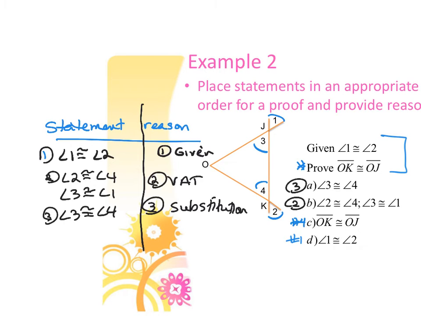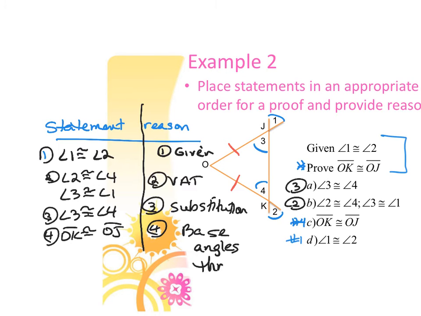And then lastly, because these two angles are congruent, I can use my base angles converse and say that this side is congruent to this side. So I can say that OK is congruent to OJ, and that's by my base angles theorem converse.